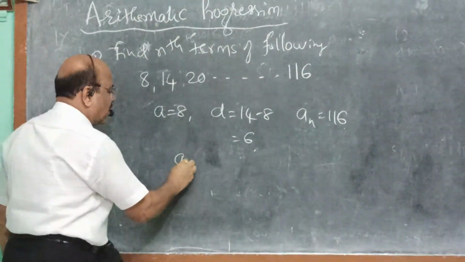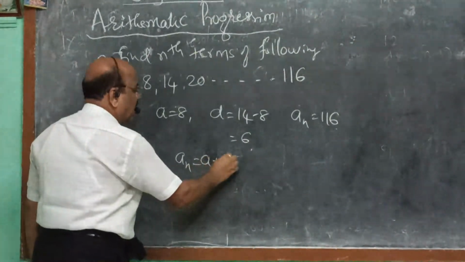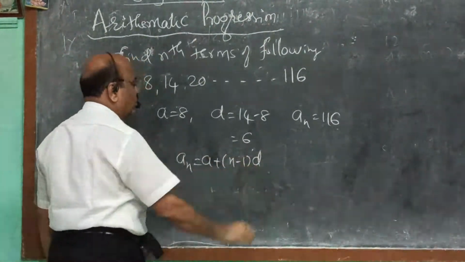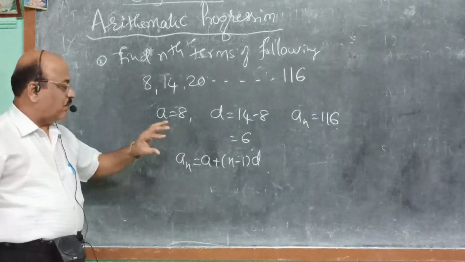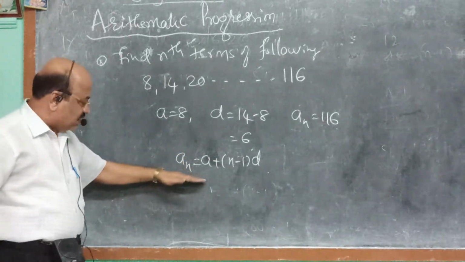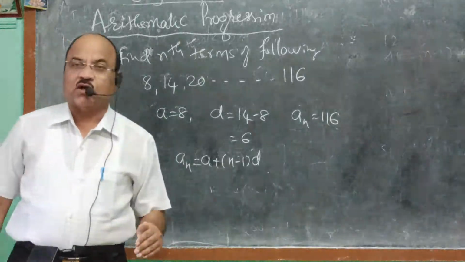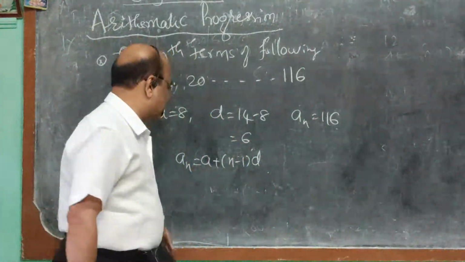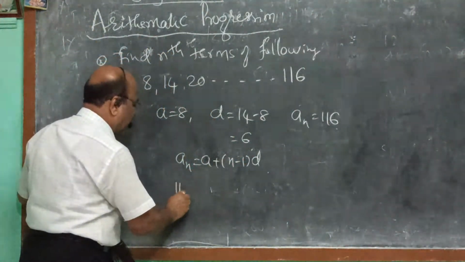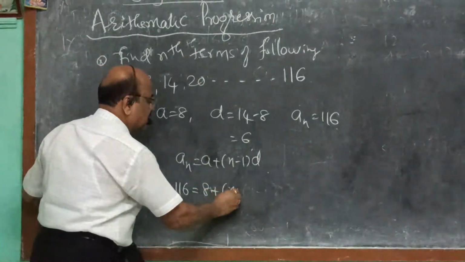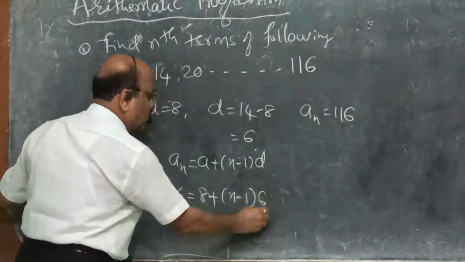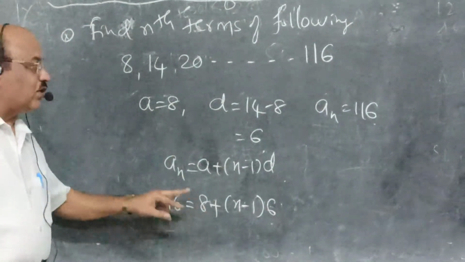Now again write down an equal to a plus n minus 1 into d. Every time you must write this formula so that it will be practiced also. Suppose in the next step you get something wrong, you will still get the marks for this. So now substitute 116. Here a is 8. 8 plus n minus 1 into d, d equal to 6. Transfer this 8 to this side.